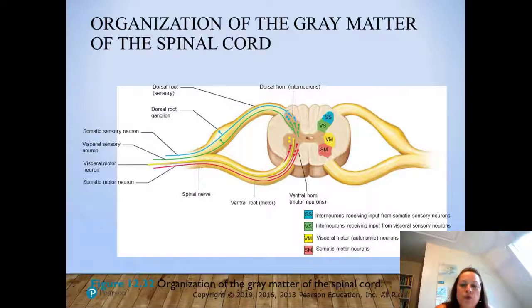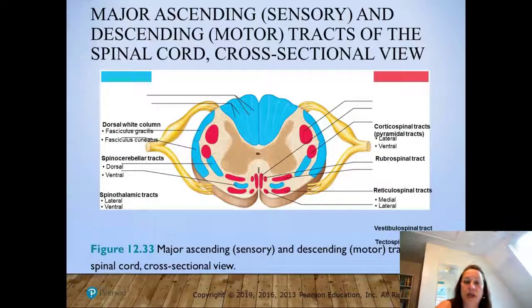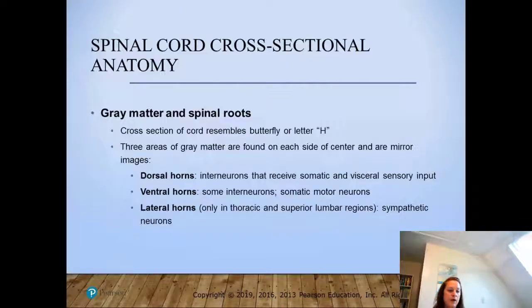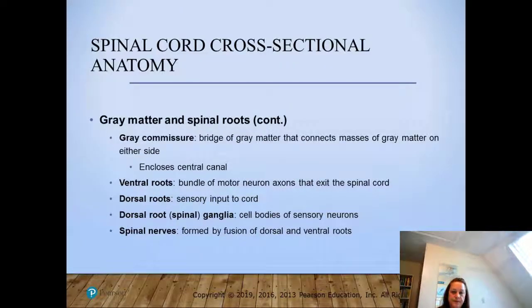But when we get here to the dorsal root ganglia, things split from there. They split into this one right here. This is going to be the dorsal region of the body. So this is sensory and motor split. This is back of the body, front of the body, the way the nerves organize themselves.